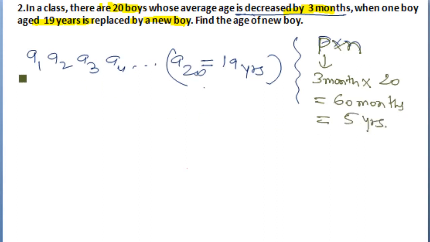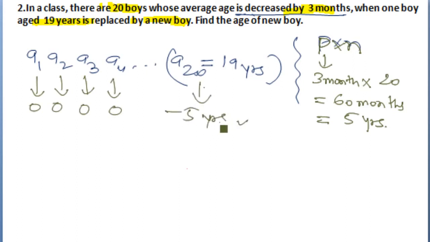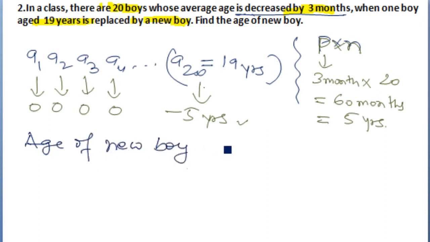So we can say this is unaltered, this is unaltered, this is unaltered, and this is altered by minus 5 years. So the answer is: the age of the new boy will be 19 minus 5 years, that is equal to 14 years.